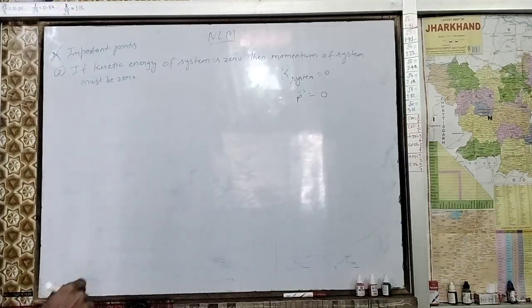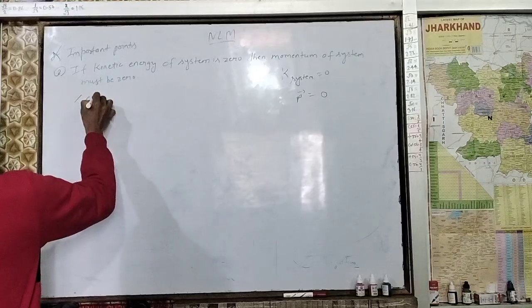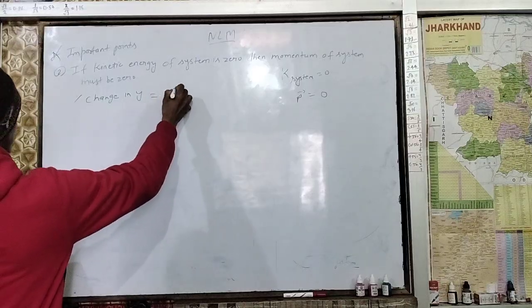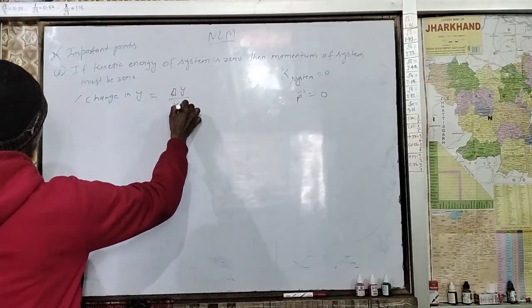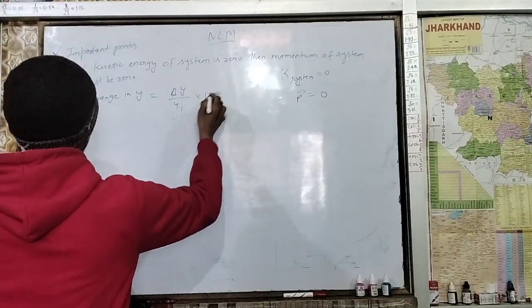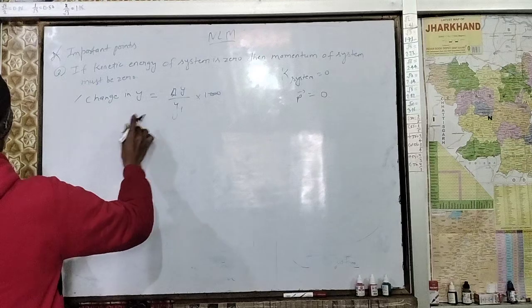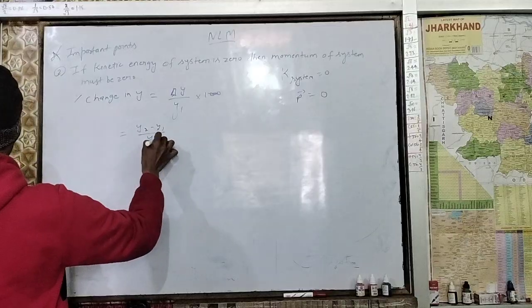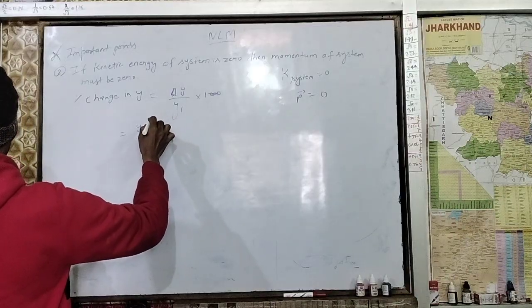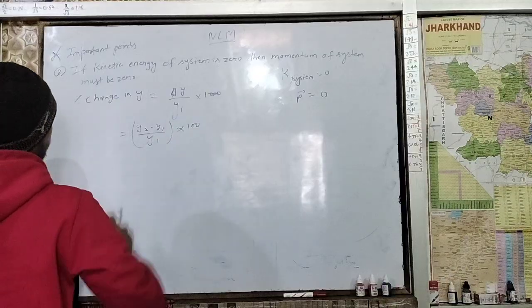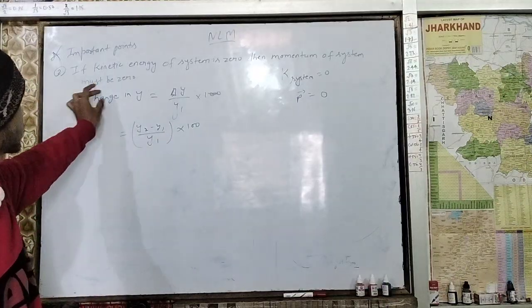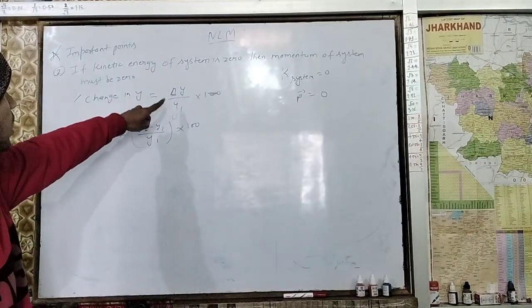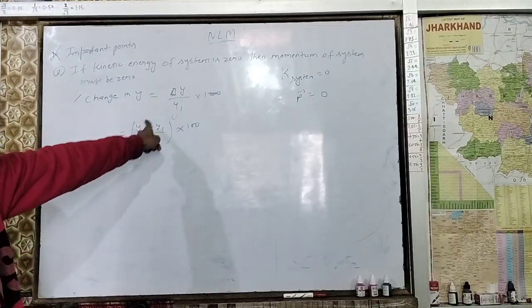So finally, the percent change in y has a formula: delta y upon y1 multiplied by 100, where delta y can be written as y2 minus y1.